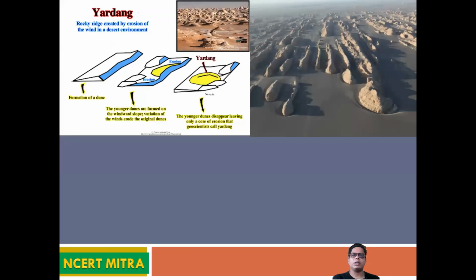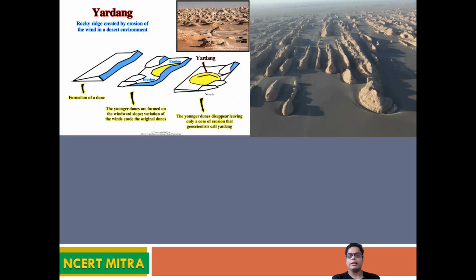The second thing is the yardang. What are the rocky ridges created by the erosion of the wind in a desert environment? That is called the yardang. This is one of the erosional landforms. Young dunes are formed, then the slope and variation of the winds erode the original dunes.